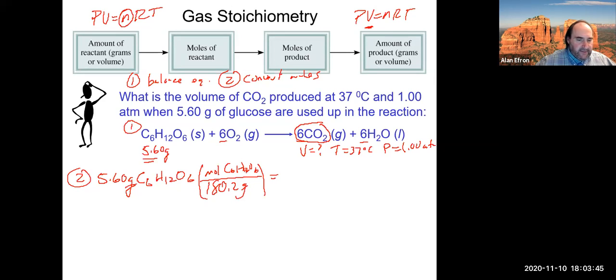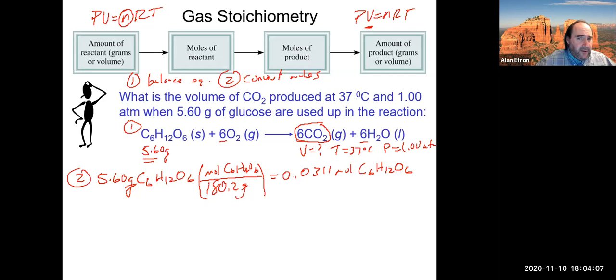Grams are going to cancel, and that will get us 0.031 moles of glucose.